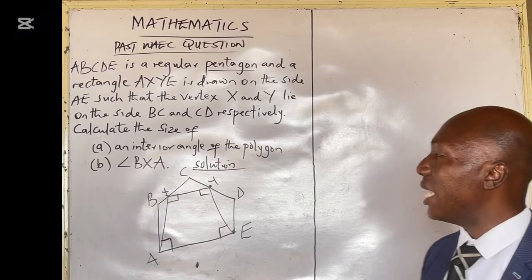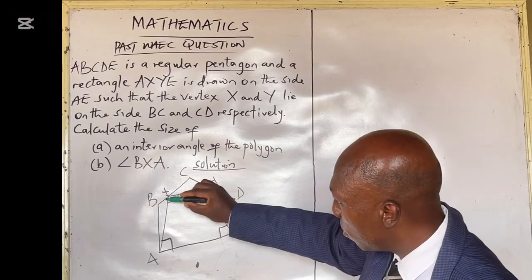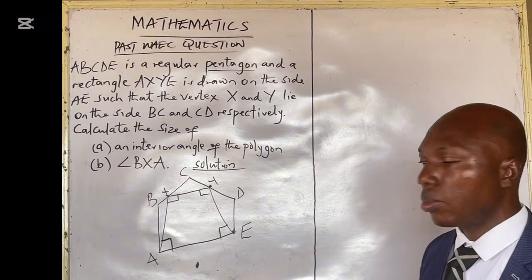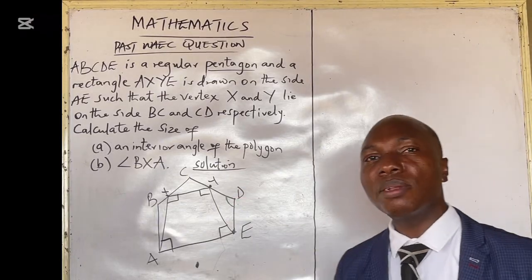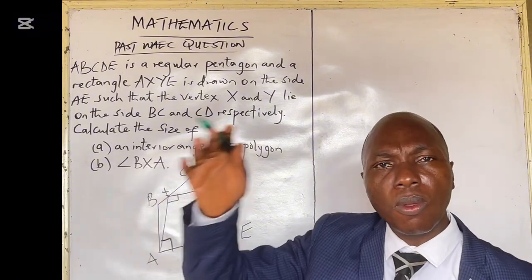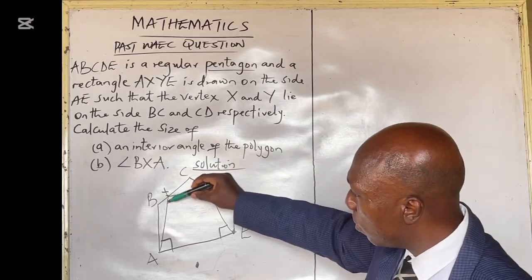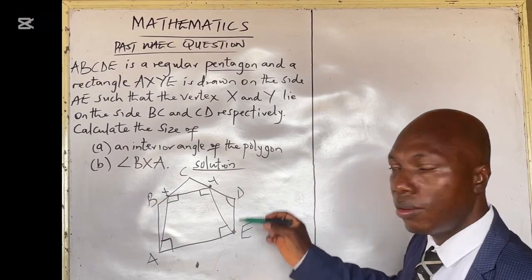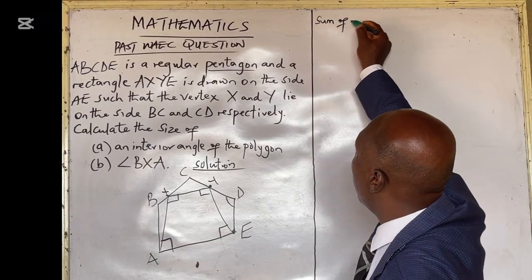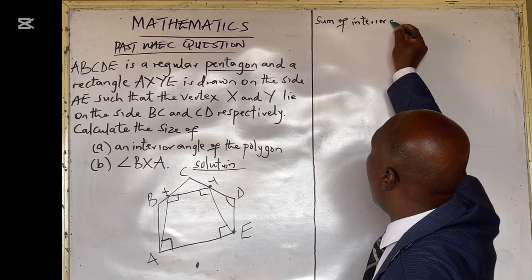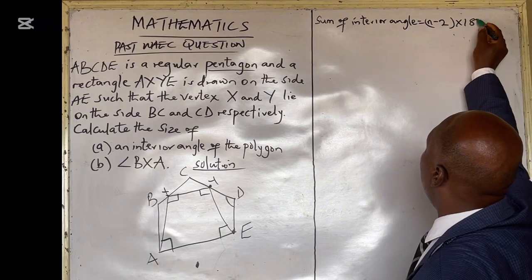So we're asked to calculate an interior angle of the polygon, each of these angles here. Before we can calculate each interior angle, we have to know the sum of all the interior angles of the polygon. It's calculated by the formula: sum of interior angles is equal to n minus 2 times 180 degrees.